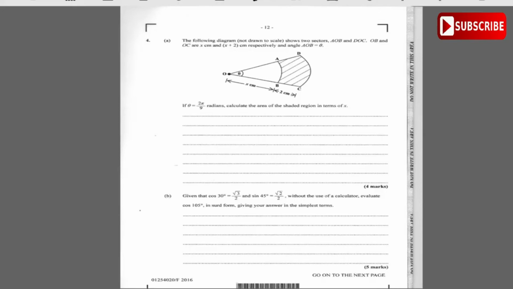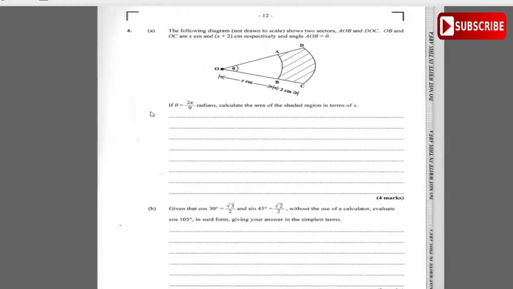If theta is 2 pi by 9, calculate the area shaded. I really don't like this question because they don't even have a connecting part that is going to end up making us find x. But let's just do it anyways.